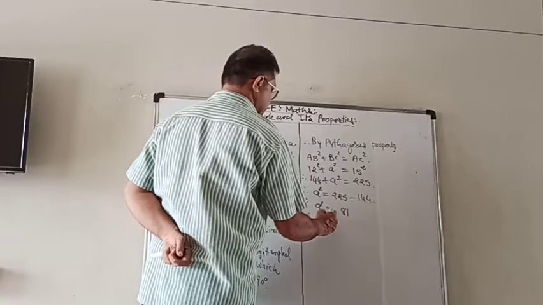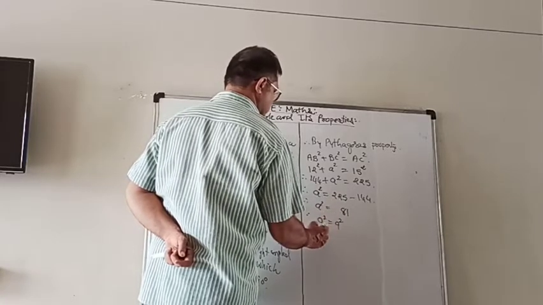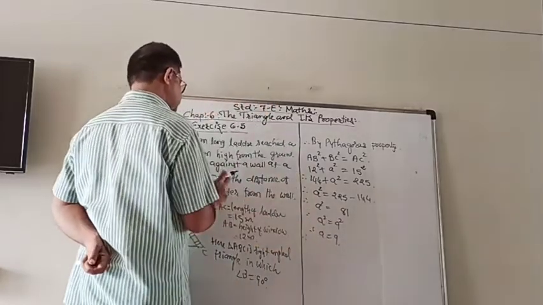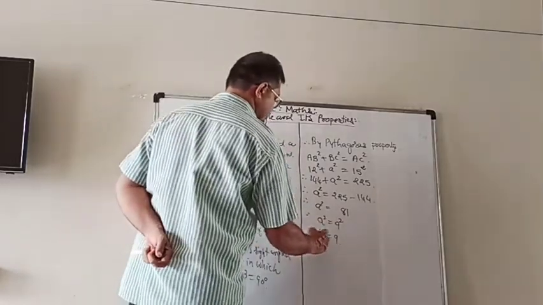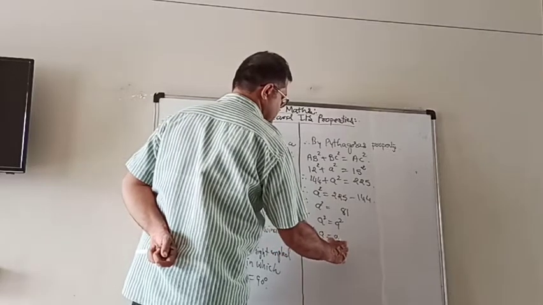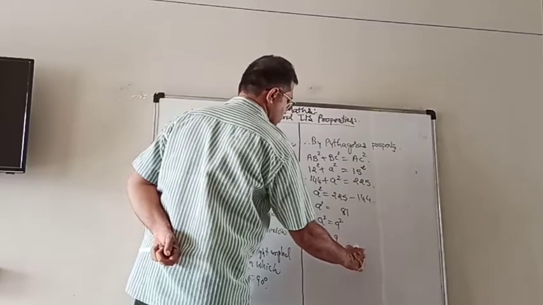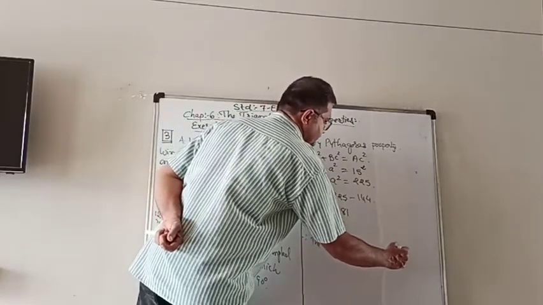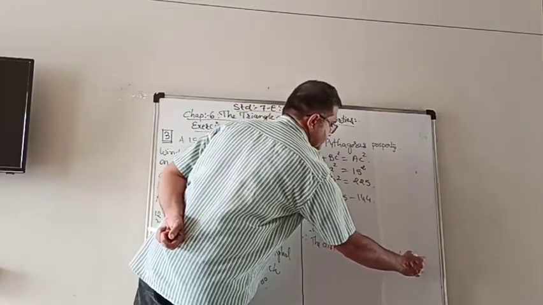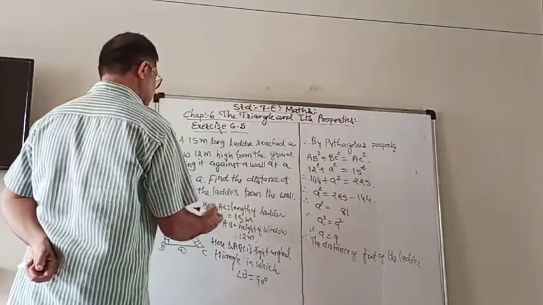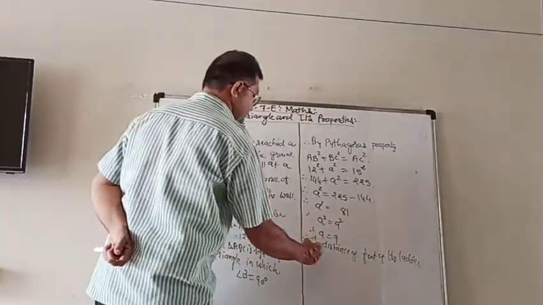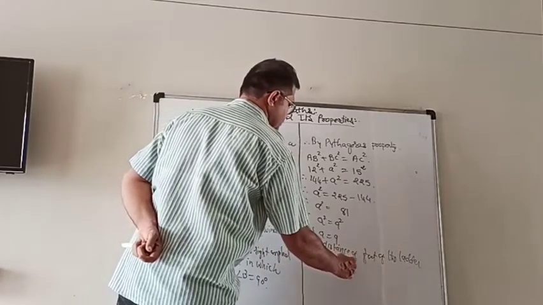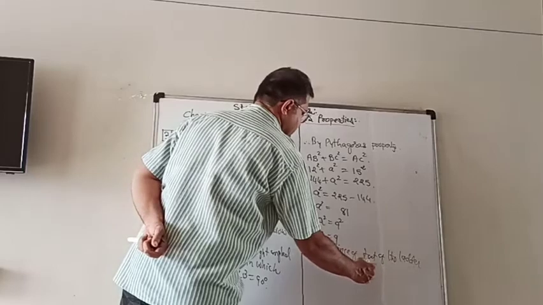Now we know that 81 is 9 square, therefore A is equal to 9. Therefore the distance of the foot of the ladder from the wall is 9 meter.